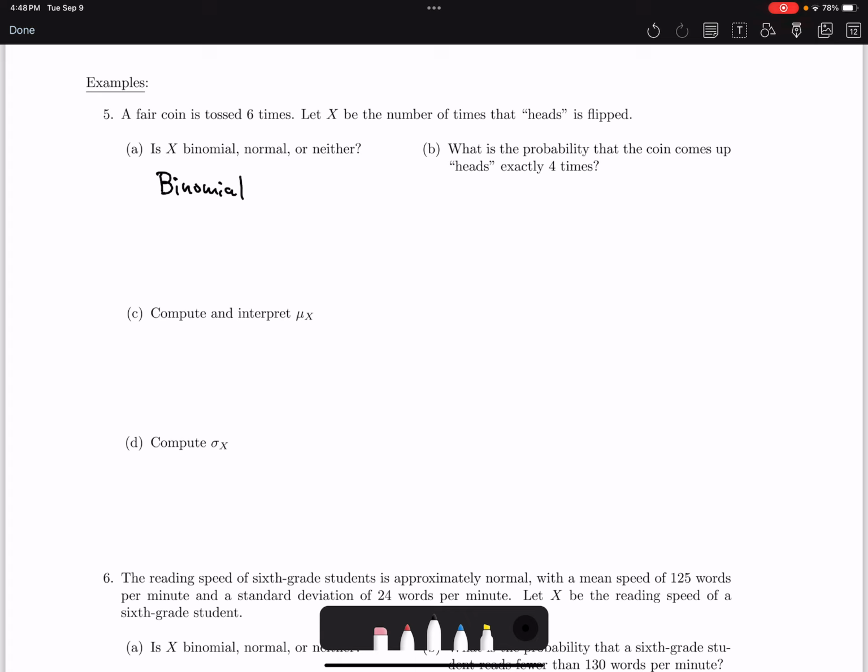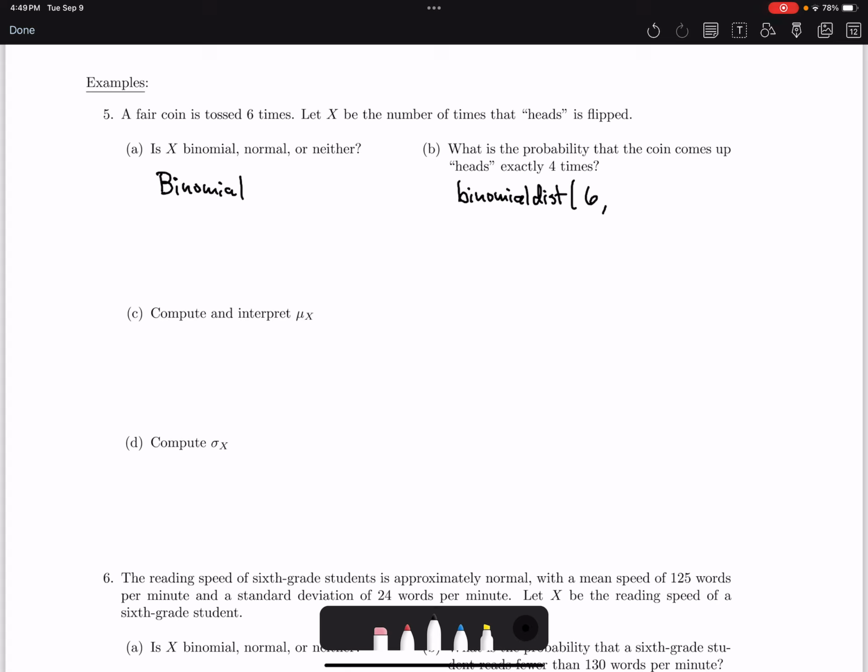And what that means is that when we have to do something like part B, what's the probability the coin comes up heads exactly 4 times? We can use the binomial distribution in Desmos to do that. When you use the binomial distribution, you have to put in the number of trials, which is 6 in this case, and the probability of success, which we weren't given, but we can figure that out.